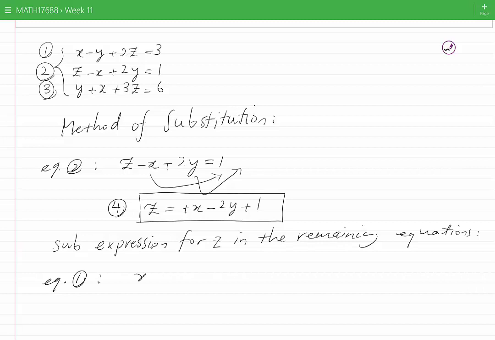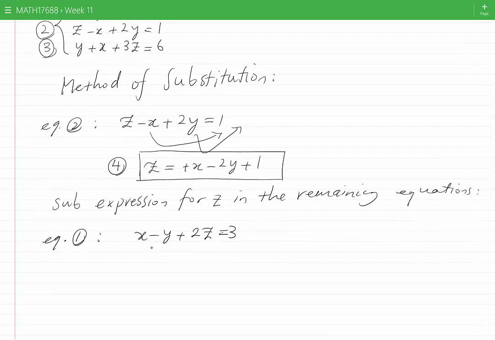It says x minus y plus 2z is equal to 3. If I use equation 4 and plug in for z into this equation, I get x minus y plus 2 times (x minus 2y plus 1) is equal to 3.